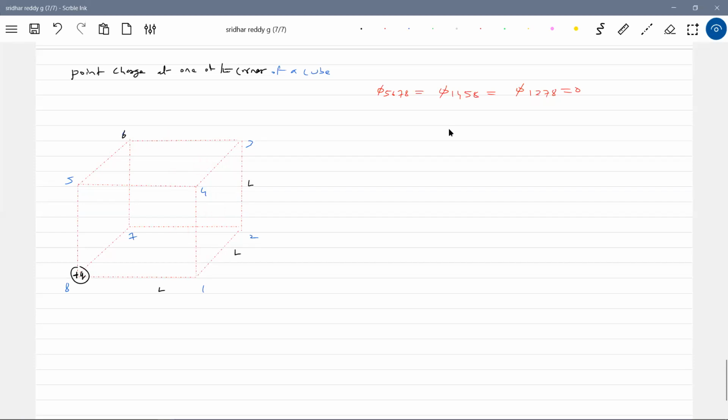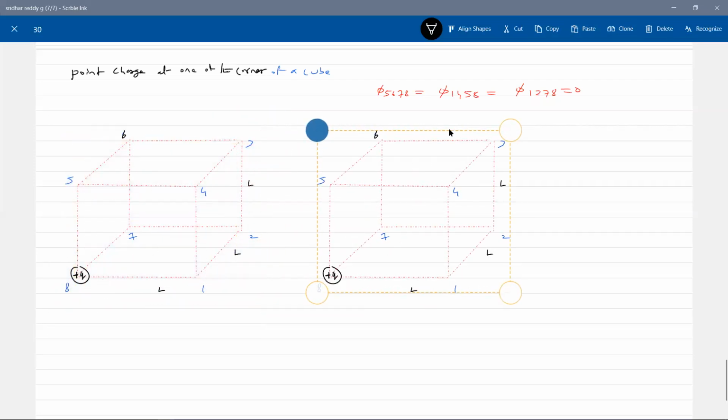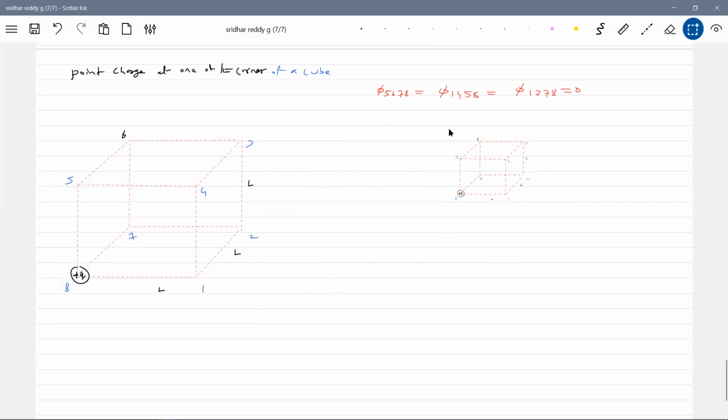How do we calculate it for the cube? What I suggest is, imagine another 8 cubes of this kind, and make this point charge the center of all those 8 cubes.